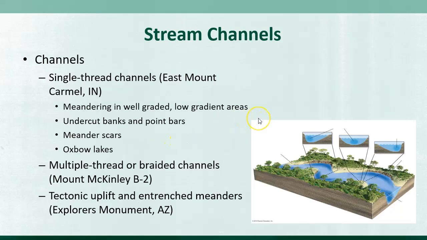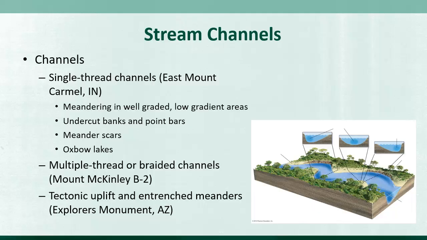Streams that are in a channel do some other pretty interesting things, especially the streams that are in what are called single threads or largely in single threaded channels. These streams tend to, when they become quite graded, meander a great deal, which means they go back and forth across the landscape.